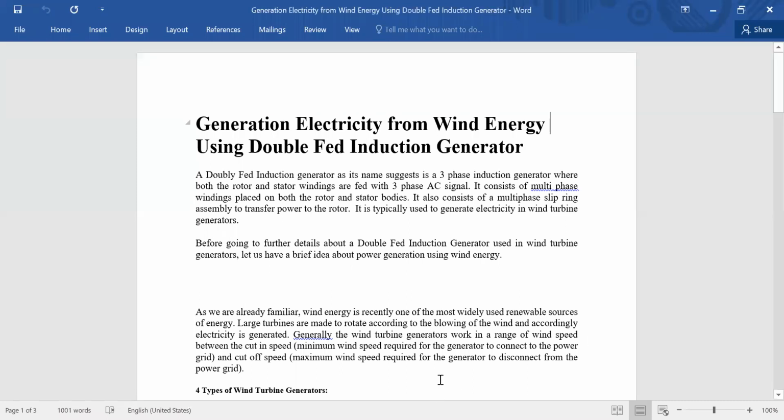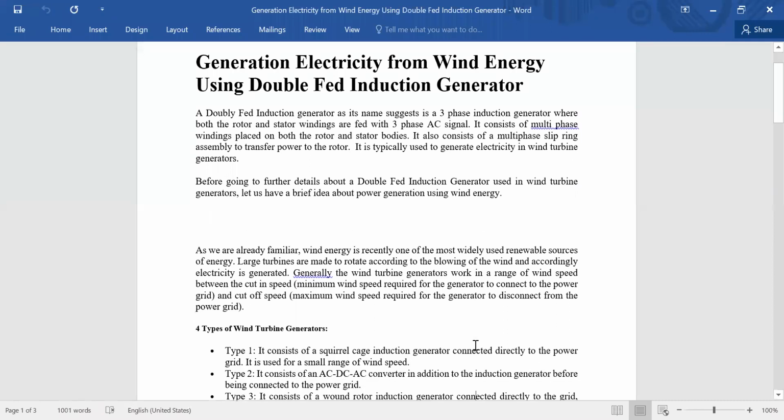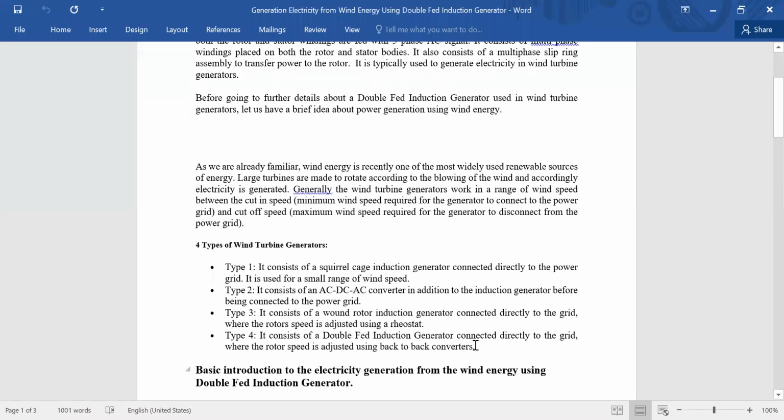When we are talking about wind turbine generators, there are four types: type 1, type 2, type 3, and type 4, right?